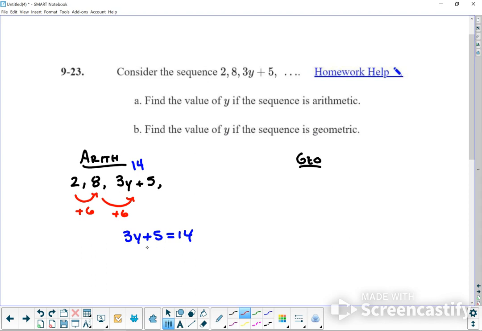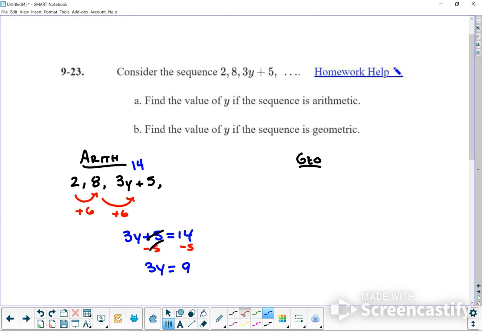It has an equal. So you're going to minus 5. And you have 3y equals, and 14 minus 5. Use a calculator if you're having some difficulty, but 14 minus 5 is 9.